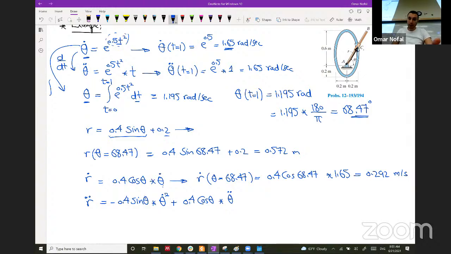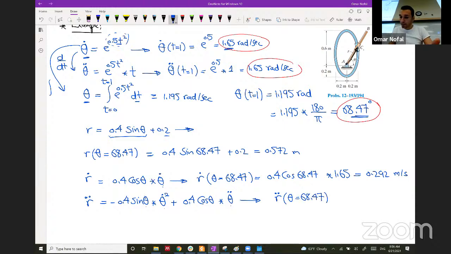So this is how the term looks. When you substitute theta, theta dot and theta double dot with these values, you will be able to get r double dot. It should give you negative 0.77 meter per second squared.